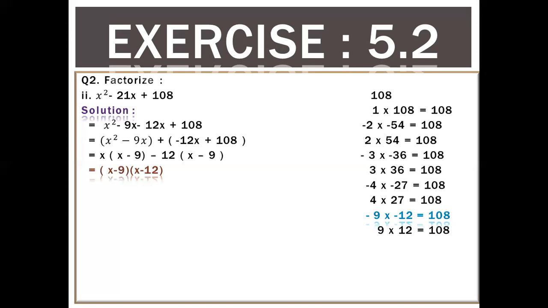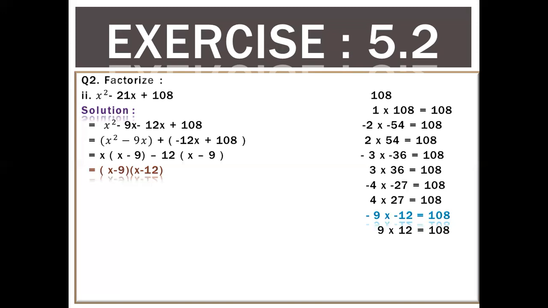And you see minus 9 multiplied by minus 12 becomes plus 108. And when you add these two numbers, you get minus 21x. So the change always happens in the middle term. The first and the last term will be the same in each and every question of factorization.